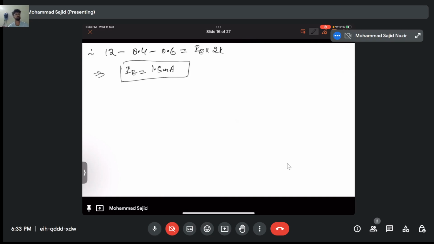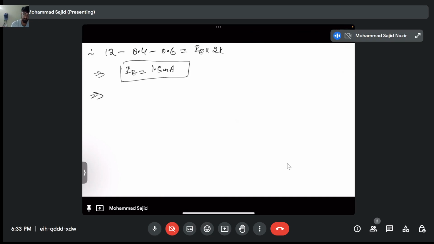Alright, now we know from BJT analysis IC plus IB is equivalent to IE. We can assume IC is equal to beta times IB. IC is 200 times IB. Therefore, IB is IC by 200.